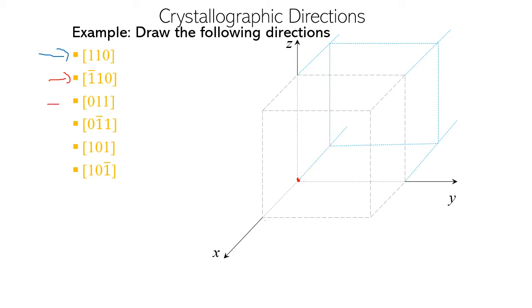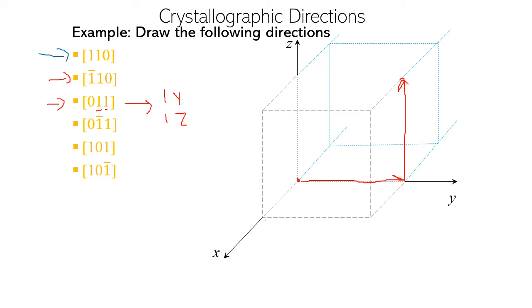Then next is 0, 1, 1. Right? Which means we have to move 0 along x, or nothing along x, 1 unit cell edge length along y, 1 unit cell edge length along z. So what this means is 1 y, 1 z. You can follow any sequence. So first y, then z: 1 unit cell edge length along y, and from this point 1 unit cell edge length along z.